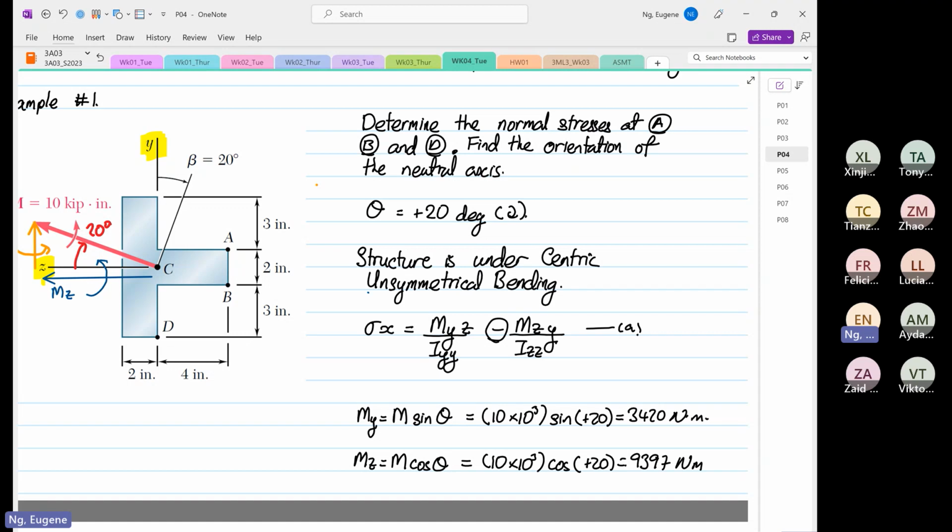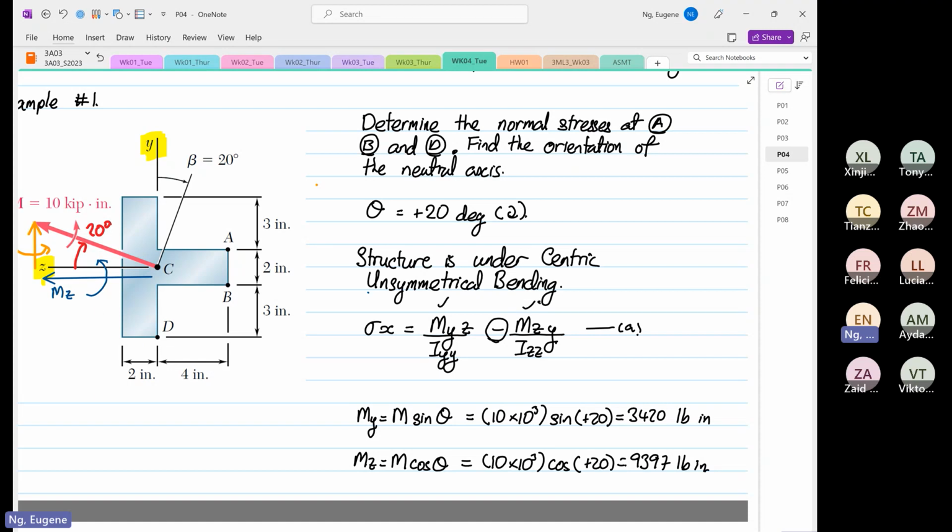So we now know our, is it Newton meter or pound inch? I do apologize. So what we have identified, we know our My, we know our Mz.